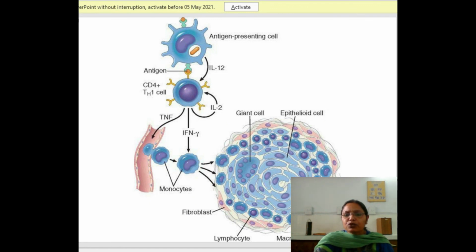This diagram is showing this granulomatous inflammation or granuloma. As soon as the antigen is presented by the antigen presenting cell like a dendritic cell to the CD4 T cell, and also interleukin 12 is secreted that will increase the CD4 cell activity, these activated CD4 cells secrete TNF, tumor necrosis factor, interferon gamma, and interleukin 2.